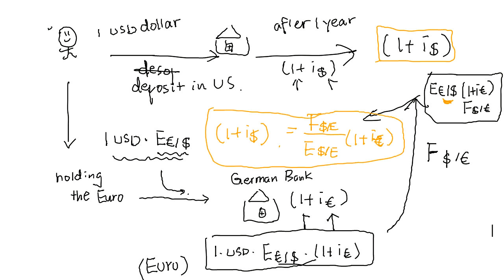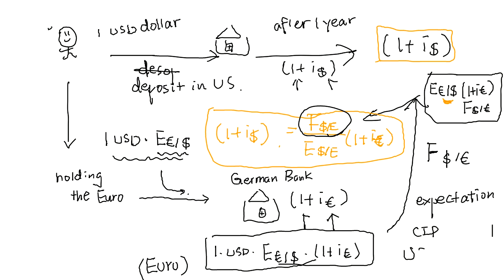Why is it called a covered interest parity? Because we assume that the future exchange rate is something we know. But is this always the case? No. So one more thing that is important in international finance is the expectation, right? So if this is CIP, what is the UIP?